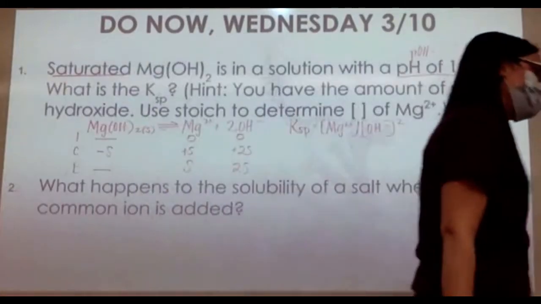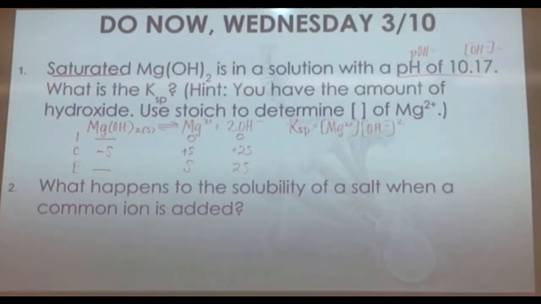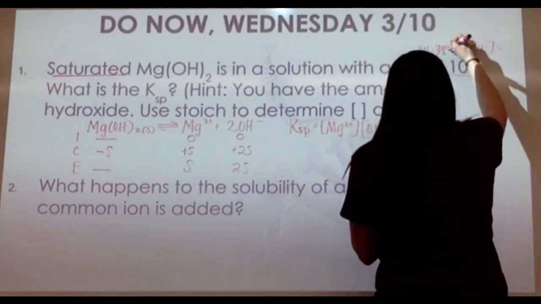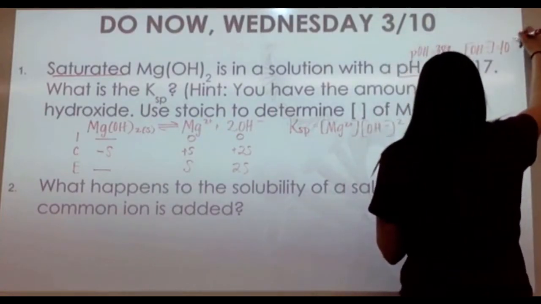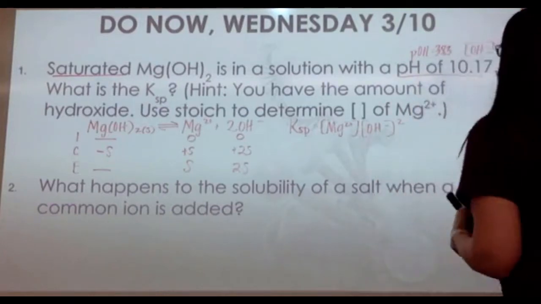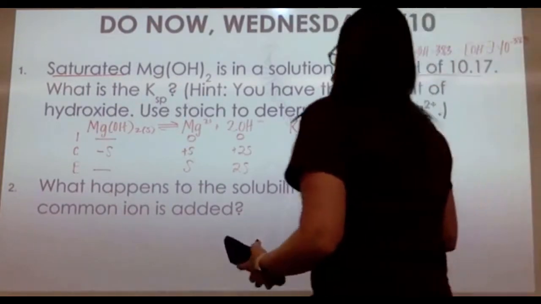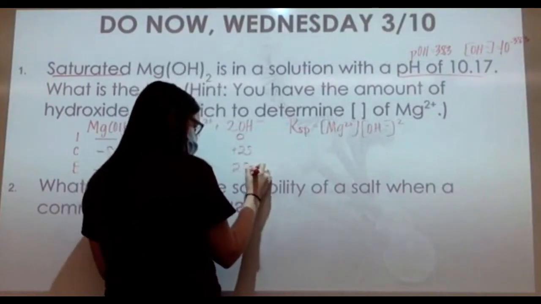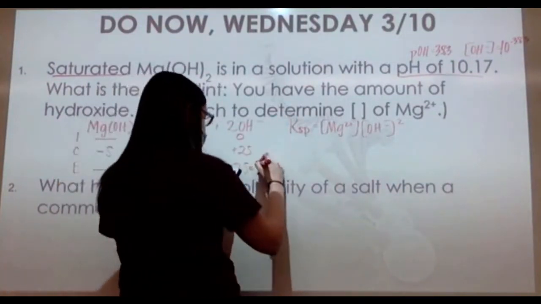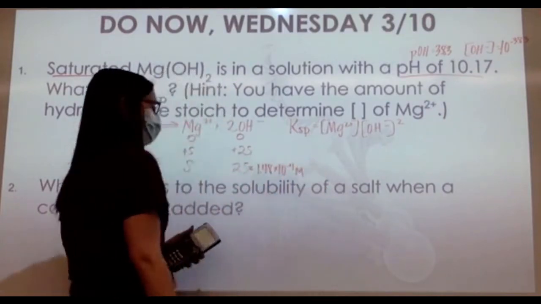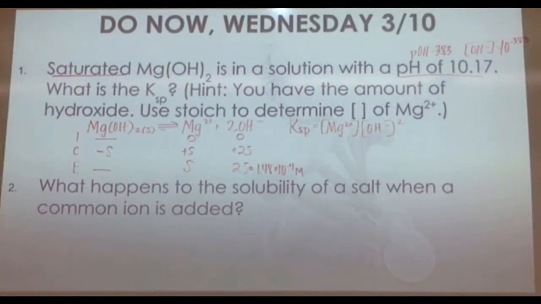So if the pH is 10.17, then the pOH is 3.83, and OH minus is 10 to the negative 3.83. Because remember, OH minus is 10 to the negative pOH. So this 2S, OH minus, is 1.48 times 10 to the negative 4th. That's OH minus, so that represents 2S.